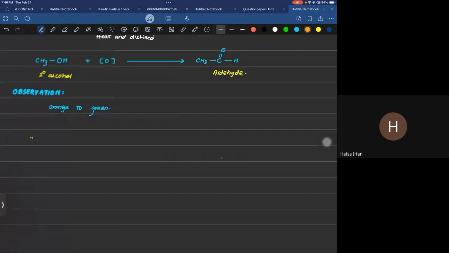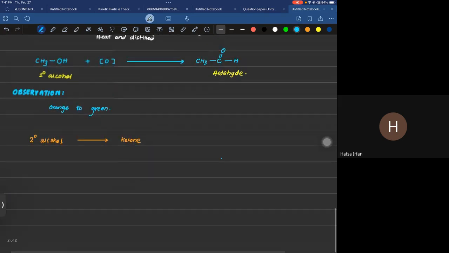So this is your 2 degree alcohol. So we would be preparing ketone. The same oxidizing agent can be used. You can use K2Cr2O7 and you may use KMnO4.